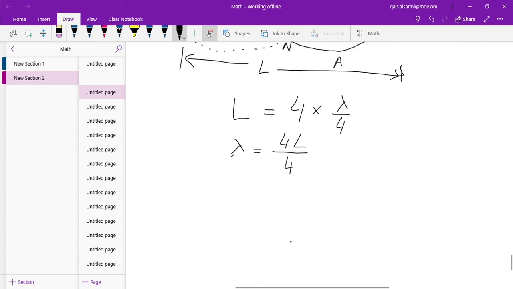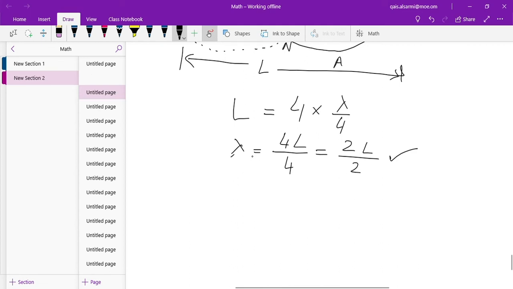Okay, I can write this equation as 2L over 2. Although it makes no difference, because 4 over 4 and 2 over 2 is the same thing, there is a reason for writing lambda in this form, and that I will tell you in a couple of minutes.